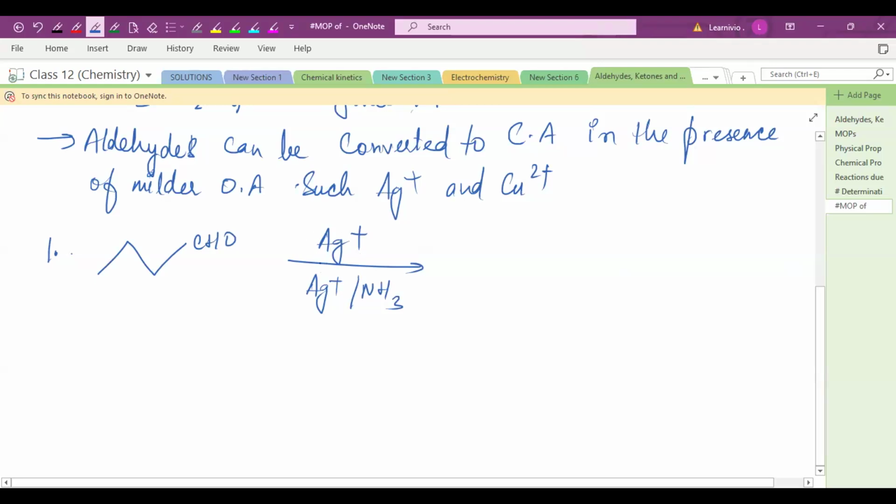Ag plus is a milder oxidizing agent, so it has the ability to oxidize the CHO group to a carboxylic acid. But you should be careful here. The number of carbon should be same. 1, 2, 3, 4. 4 carbon. So 4 carbon से ही आपने क्या बनाना है? Carboxylic acid. So you will write COOH. Is it clear, Muniba?